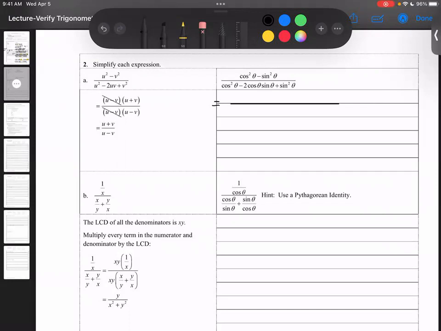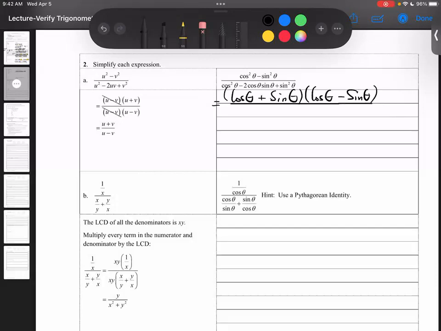Yeah, cosine minus sine, plus sine theta times cosine theta minus sine theta. A squared minus B squared is A plus B times A minus B.